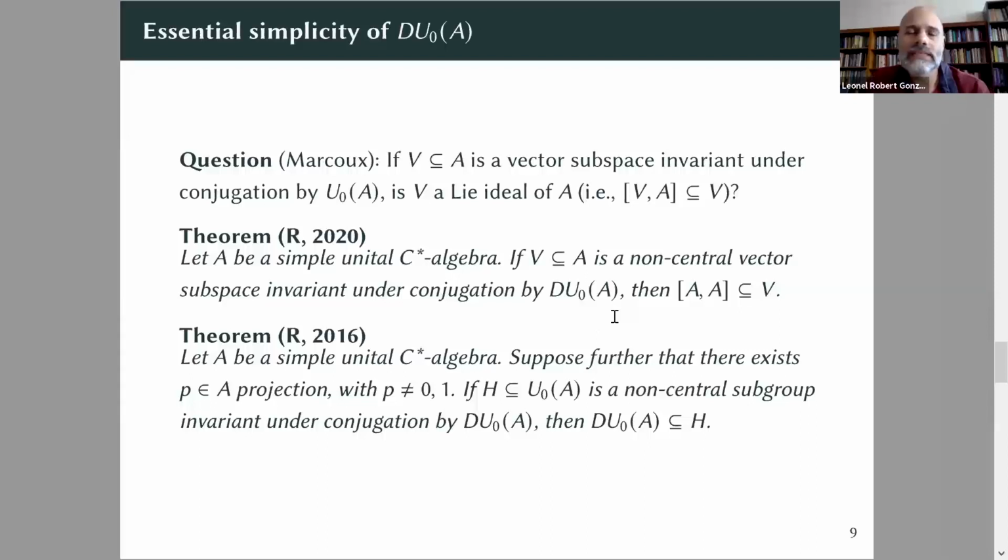So if there exists a non-trivial projection in a simple unital C*-algebra, and if I have a subgroup of the unitary group that is invariant under conjugation by commutator unitaries, then again, it either contains all the commutators or is contained in the center. The way I stated it here, if it is non-central, then it contains the commutators. So under these conditions, again, we prove essential simplicity of the commutator subgroup.